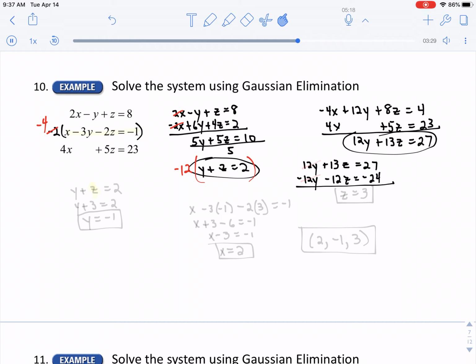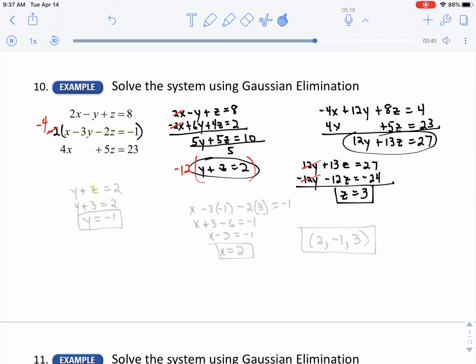I add those two together, and again the 12y and the negative 12y is 0, which is what I wanted. Then 13z minus 12z is just z, so z equals 3, and now I have my z.